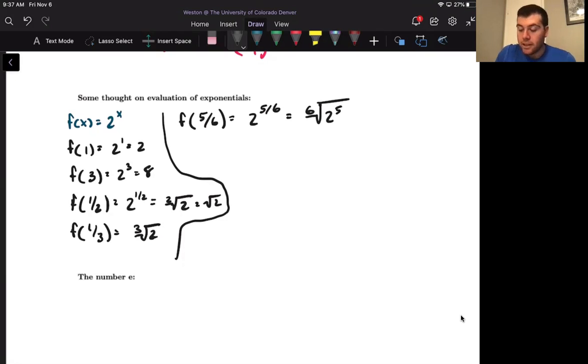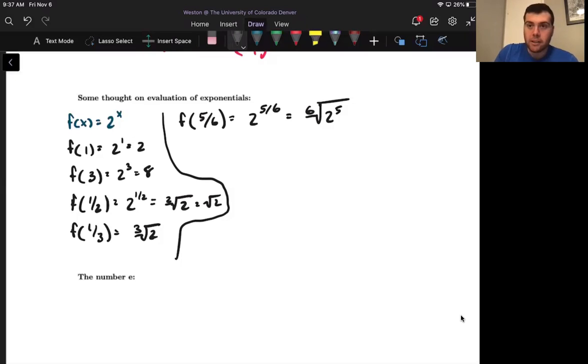So all we do is we take 2 to the 5th and then find the 6th root of it. Now, the only tricky thing with evaluation is how do we actually find the 6th root? Well, that's a discussion in computational math, but we're comfortable with having 6th roots or whatever and just leaving it in that form.